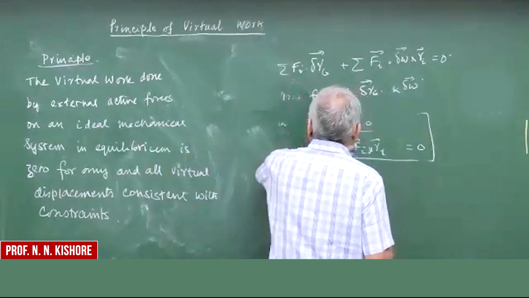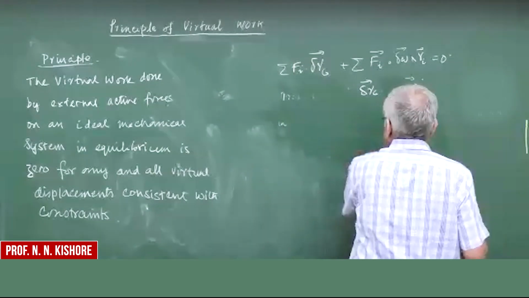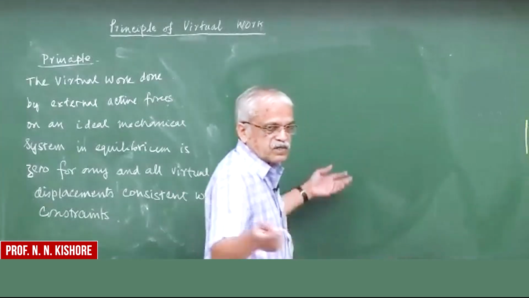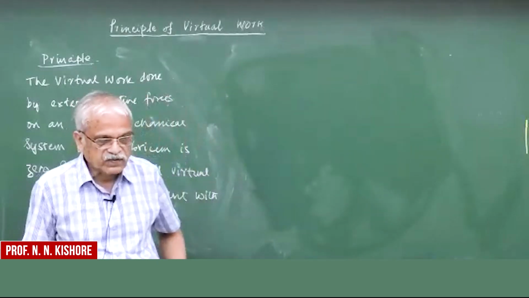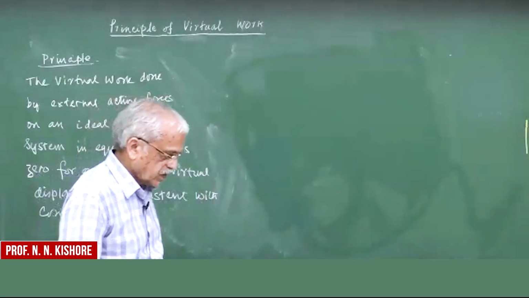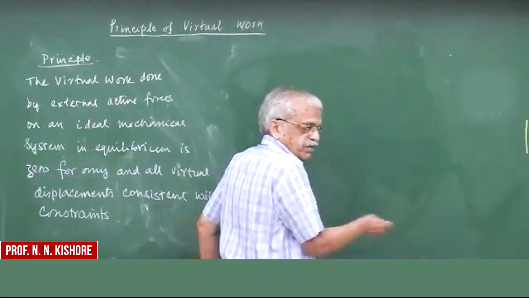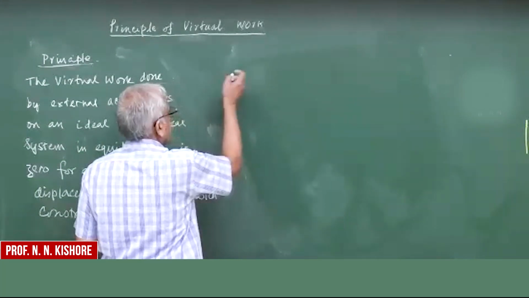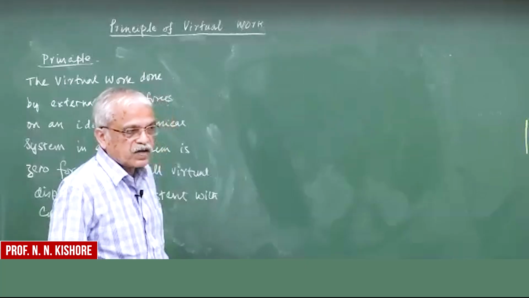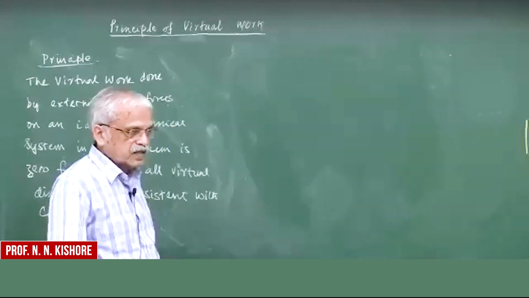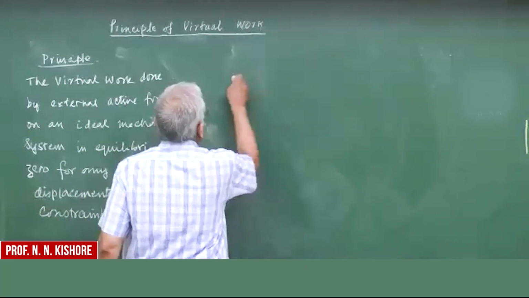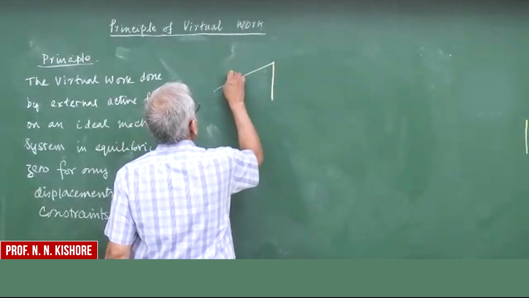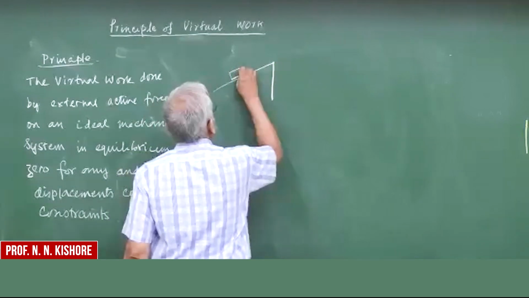There are a few points I need to tell you, I'll come back and tell you. So a system of bodies, we have seen a number of examples. So we will take up a simple system like a simple pendulum or a double pendulum, or even something here, which we have done a number of times.